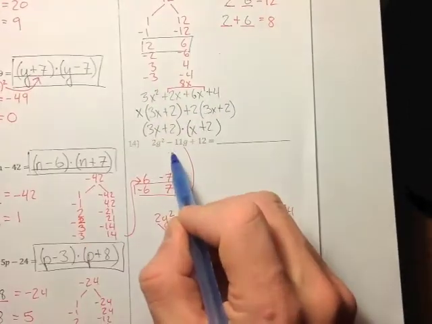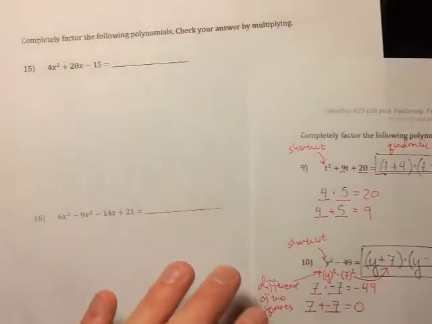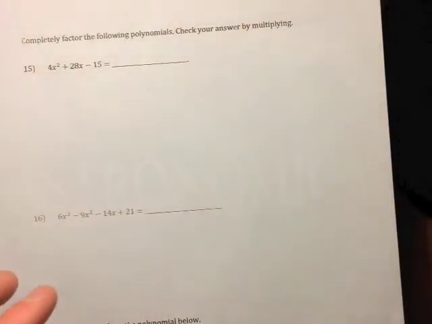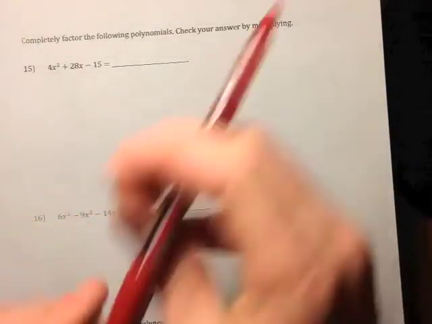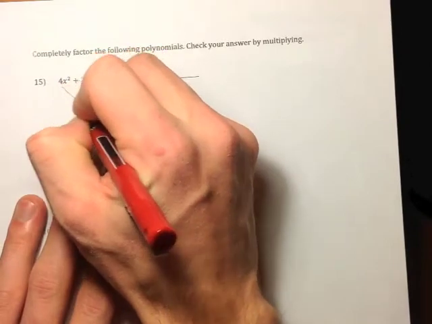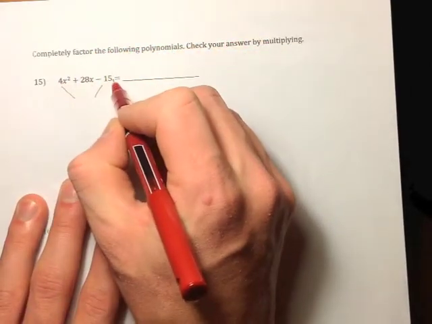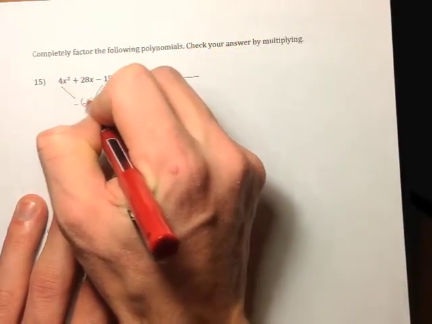Okay. So the first step, just like on these last problems here, was to multiply the first number and the last number. 4 times negative 15 is negative 60.